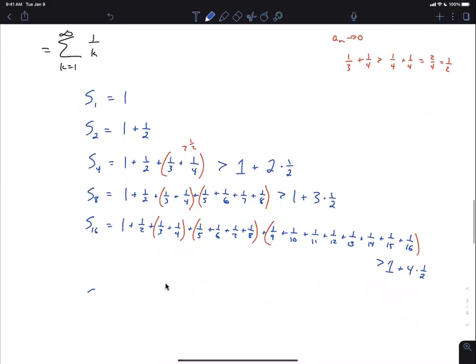S32 is going to be bigger than 1 plus 5 times a half because we're going to have all these, but then we're going to have 17 through 32. Well, there's 16 of those that are all bigger than 1/32. So it's bigger than 16 over 32, which is bigger than half. So it's 1 plus 5 times a half. It's bigger than that.